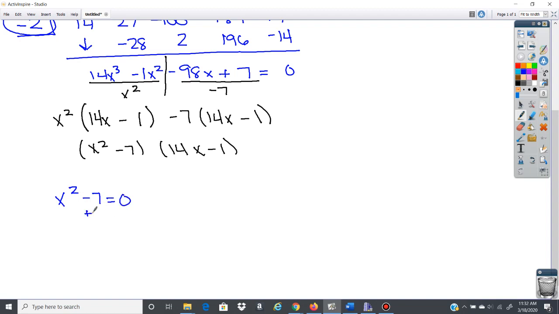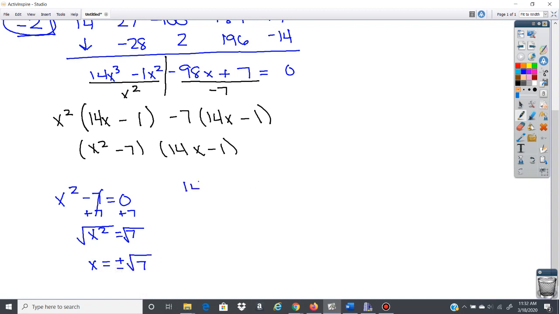I'm going to add 7 to both sides. That gives me x squared equals 7. I'm going to take the square root, the opposite of squaring. When I take the square root, I have to do the plus or minus. So I'm going to get x equals plus or minus the square root of 7.